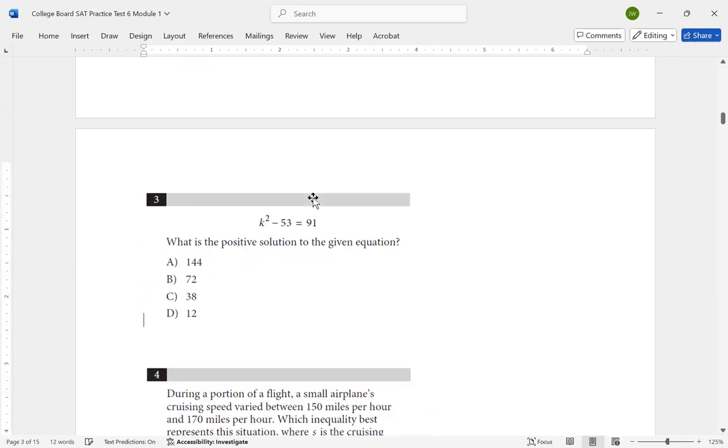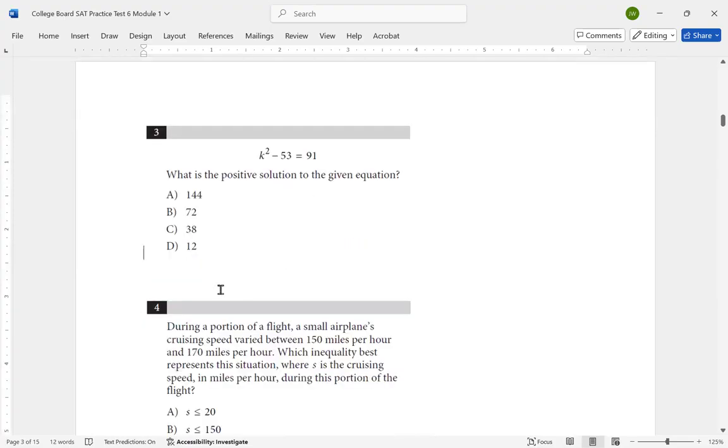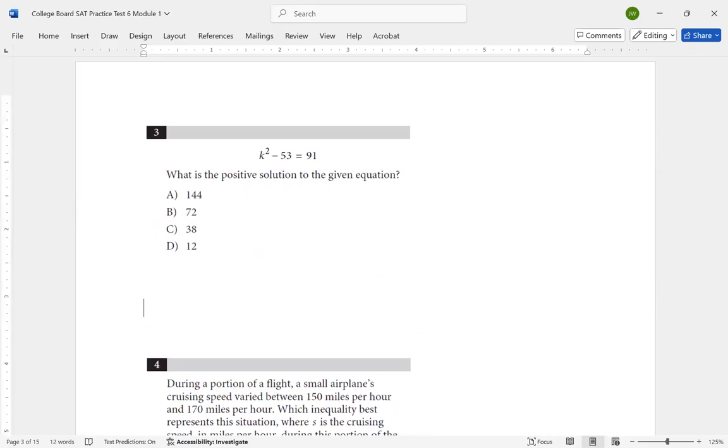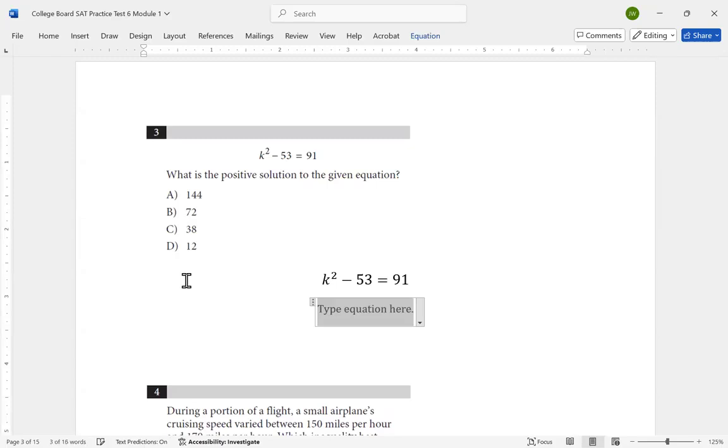Question number 3 says, what is the positive solution to the given equation? So the first thing that we're going to do is take k squared minus 53 equals 91, and we're going to add 53 to both sides. When I do that, 91 plus 53 is equal to, excuse me, I had that in my calculator, 144.